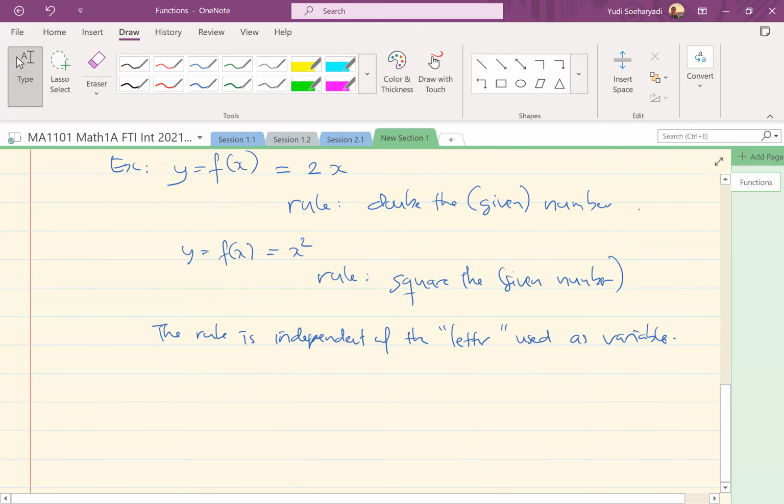So as a rule, G, Z squared, or something like that.